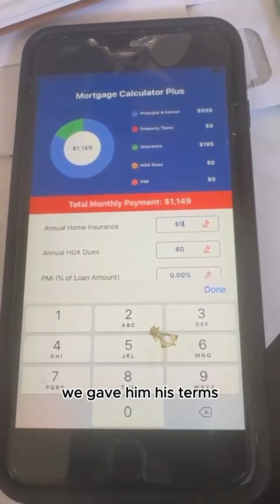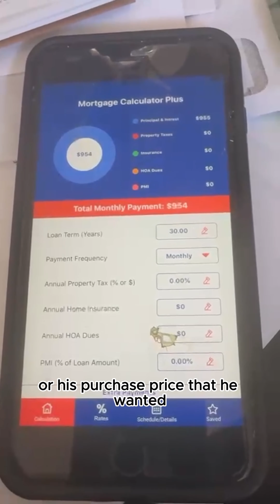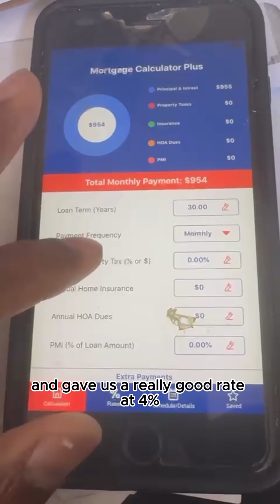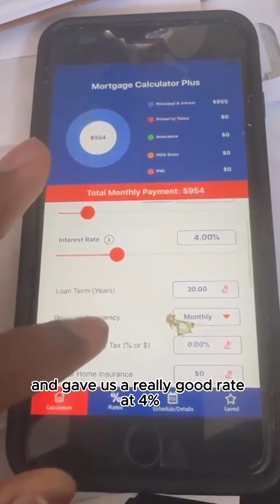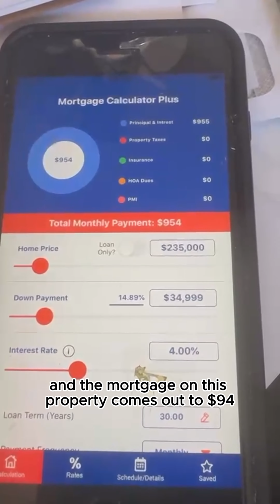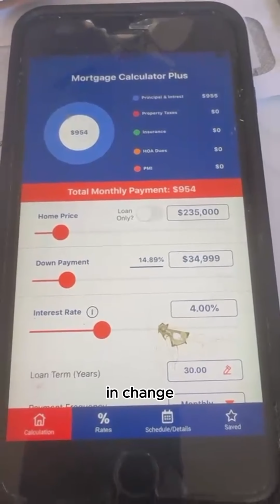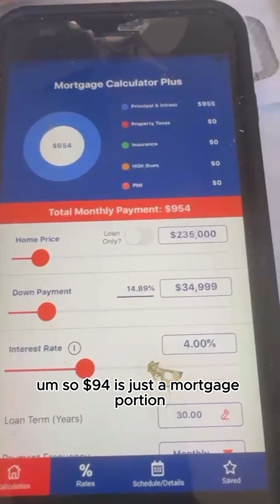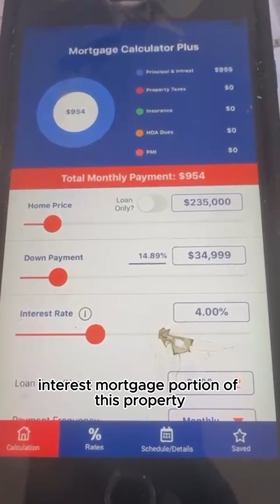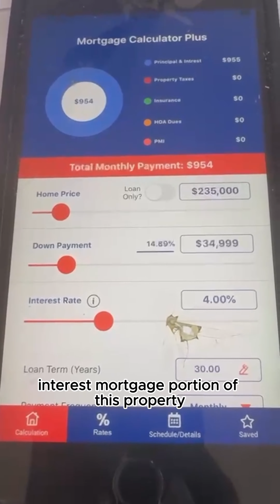We gave him his terms, or his purchase price that he wanted. And so he gave us our terms and gave us a really good rate at 4%. And the mortgage on this property comes out to $94 and change. So $94 is just the mortgage portion, the principal and interest mortgage portion of this property.